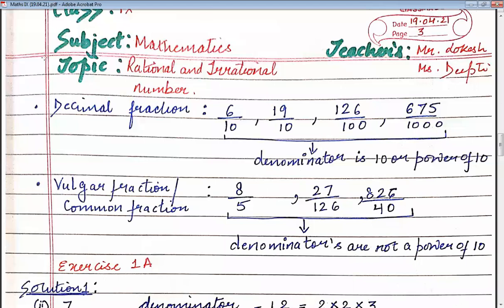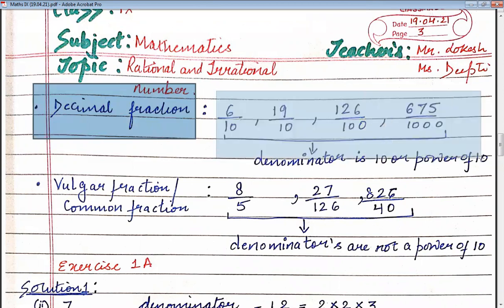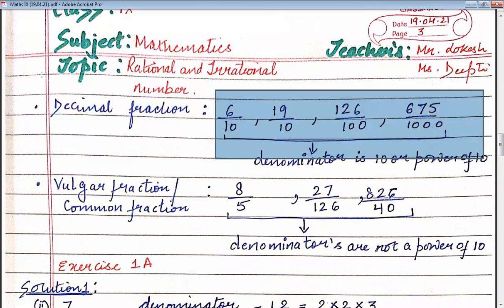Now let's have a look at another topic, that is decimal fraction. Now children, let's see what a decimal fraction is. You know fraction means we have a numerator and we have a denominator. Can you figure out that the denominator in all these examples is 10 or a power of 10?